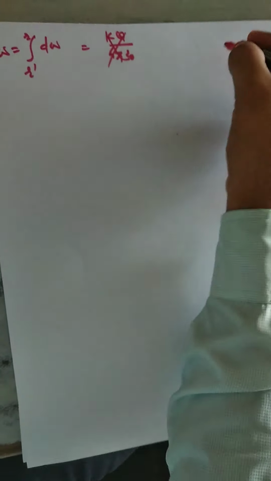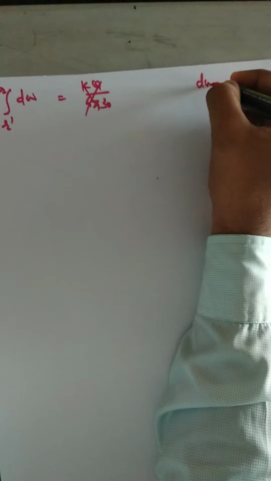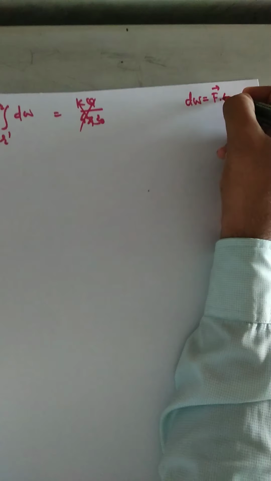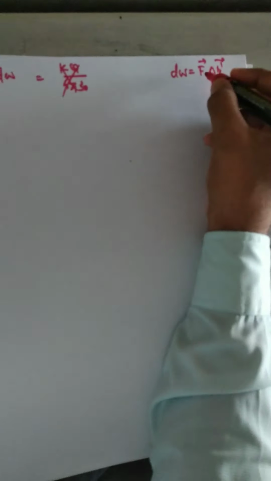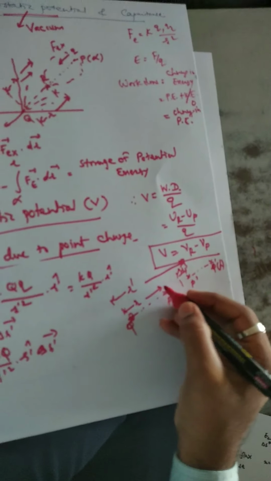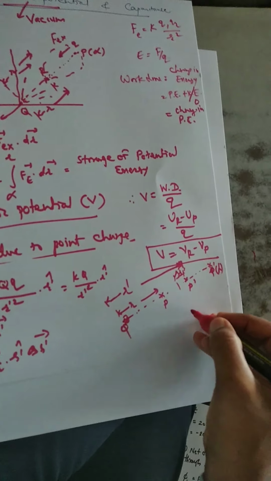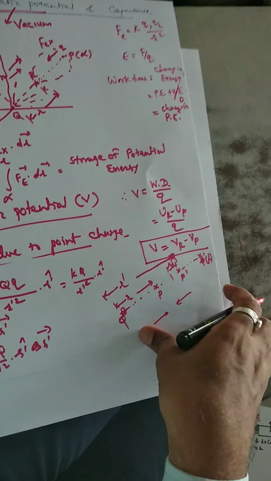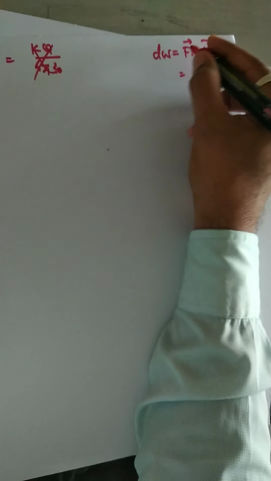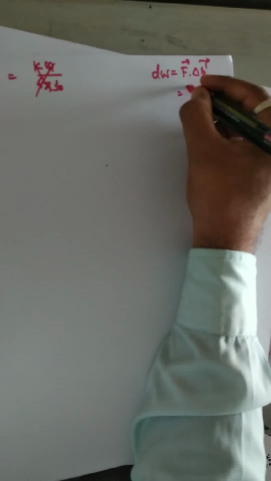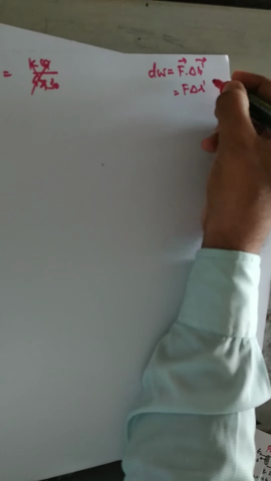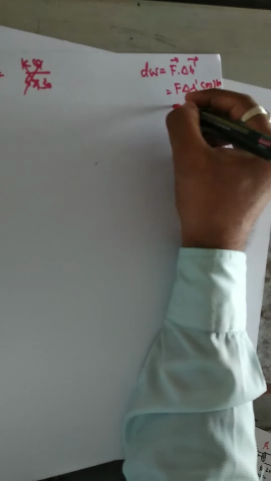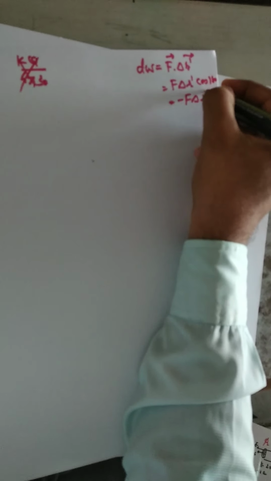Okay, so here we have the equation of work done, dW is equal to F dot delta R. As this external force is acting in this direction and this R is in this direction, both are making an angle of 180 degrees. So using the scalar product, this will be F delta R dash cos 180, and that is equal to minus F delta R dash.